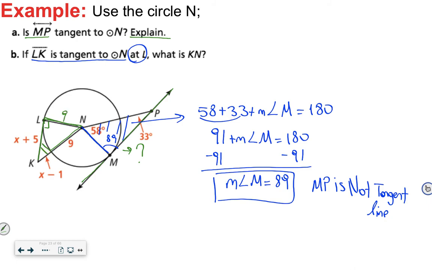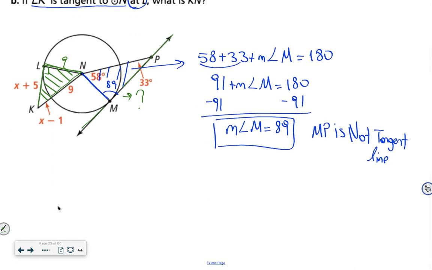If you focus on this green triangle, we can apply the Pythagorean theorem. What was the Pythagorean theorem? The sum of the squares of the sides is going to be equal to the square of the hypotenuse. x plus 5 squared plus 9 squared is going to be equal to x plus 8 squared.